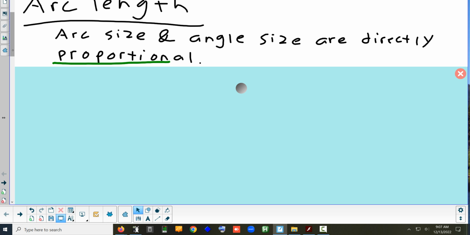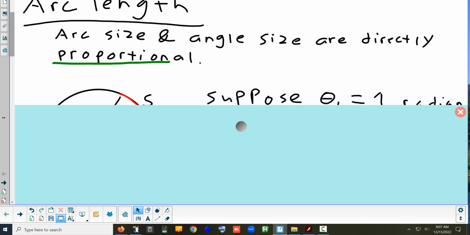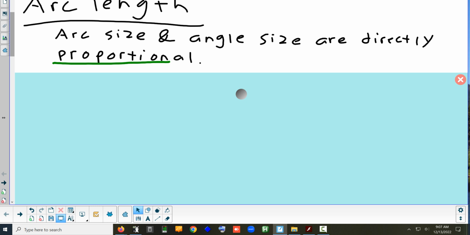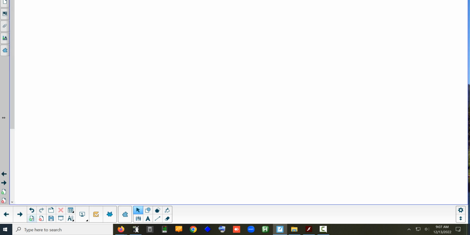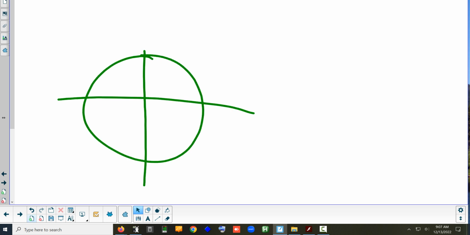So we had a fact yesterday about angle size. Does anybody remember? If I draw this circle and make an angle here that's exactly 1 radian, the length of this arc is the same as something else in the picture.